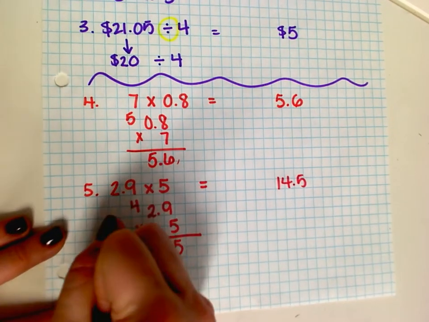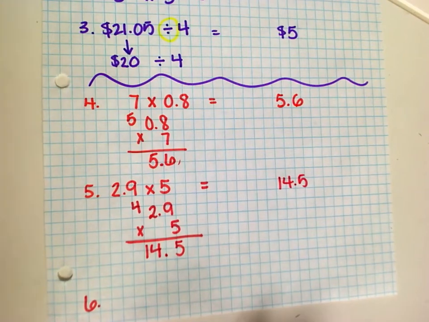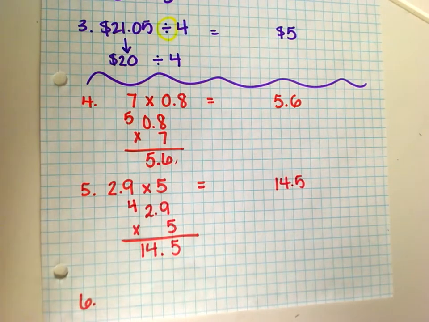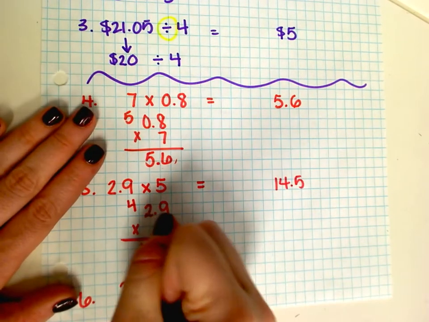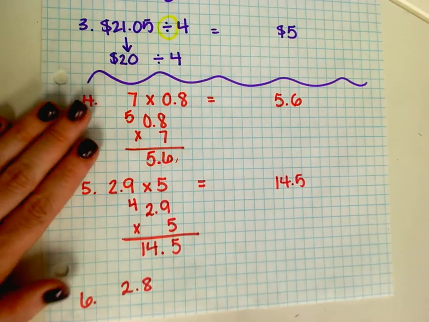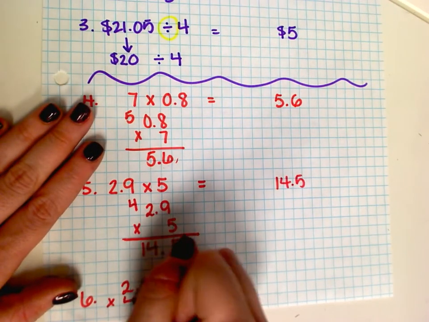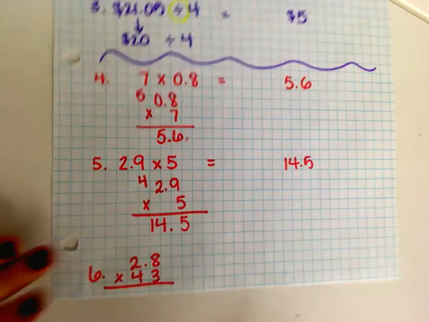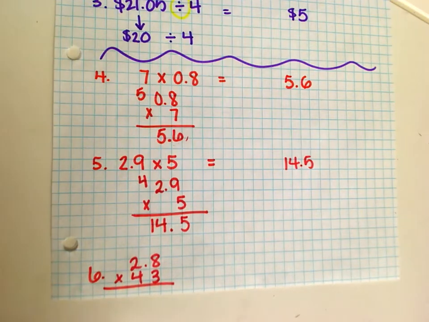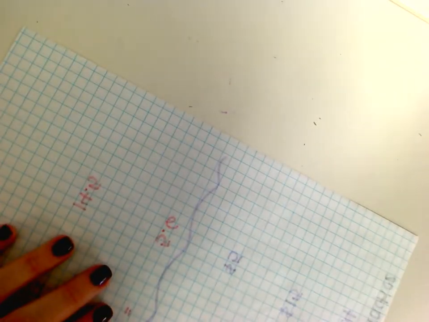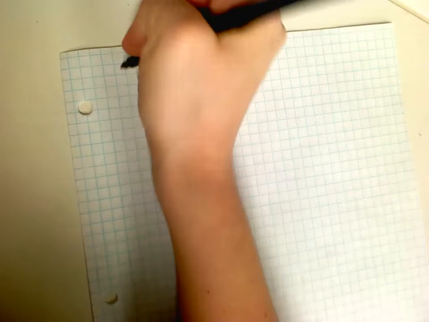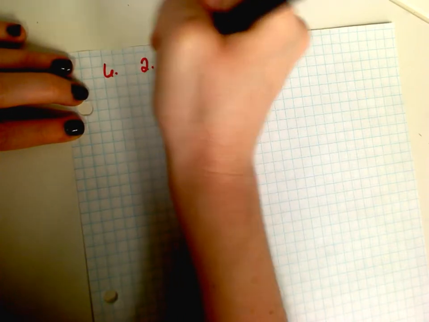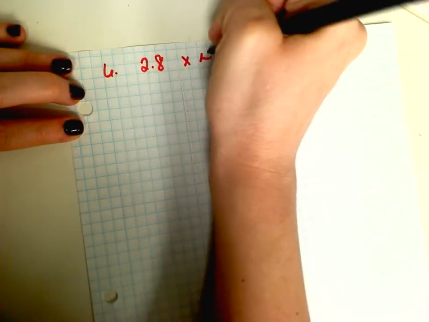Okay. Look at this one, number 6. We have 2.8 or 2 8/10 times 43. We're going to need more space for this problem. It was 2 8/10 times 43.